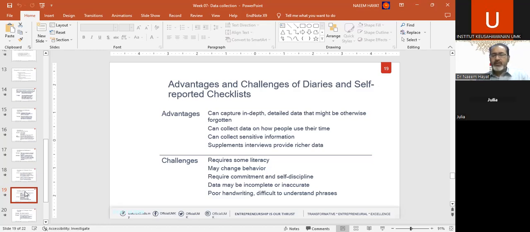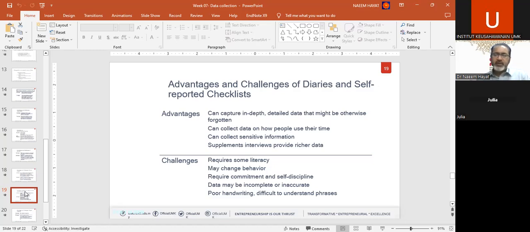It requires commitment and discipline, because the writer has to write the diary frequently and in a self-disciplined manner. Data may be incomplete or inaccurate. As human beings, we don't always have the time, effort or resources to write the diaries, because it's always an effortful activity.